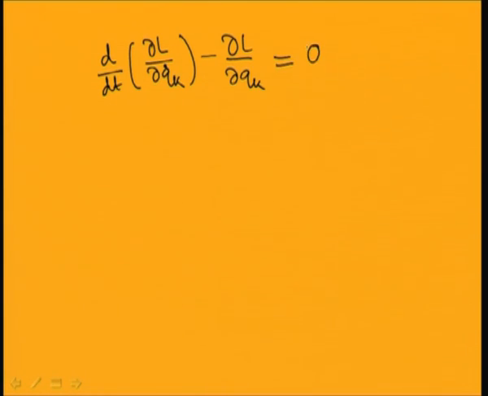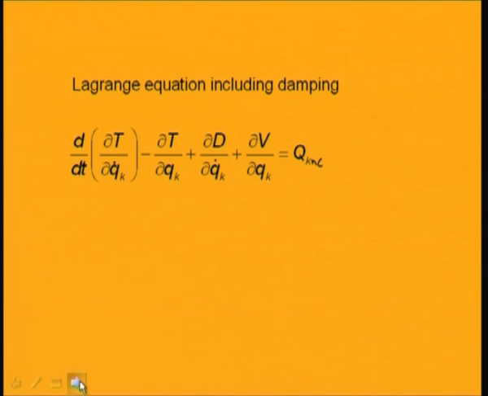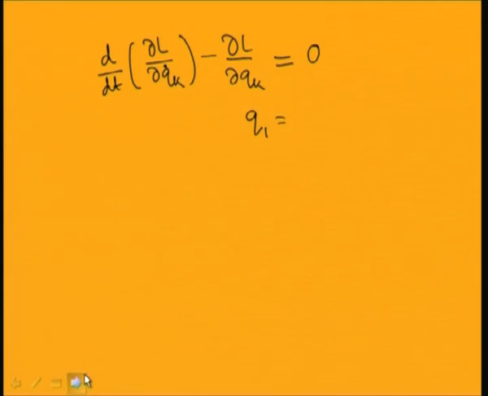So, already you have found the expression for L, and you know q1 equal to x1 and q2 equal to x2. So, first you should find del L by del x1 dot, then del L by del x2 dot, and del L by del x1 and del L by del x2. So, you can find the equation of motion.